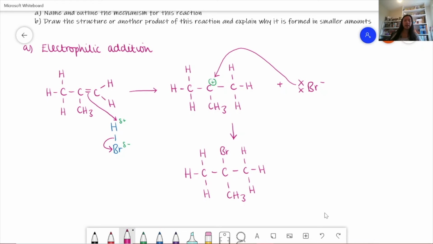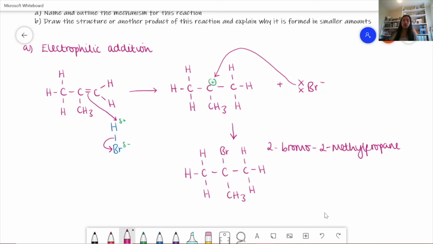And what we formed is 2-bromo, 2-methyl propane. And this is because the methyl group and the bromine are both on the second carbon. And so this is our mechanism for the reaction.